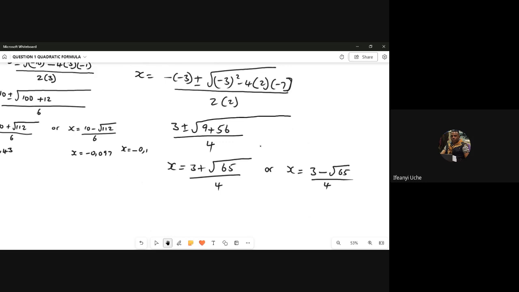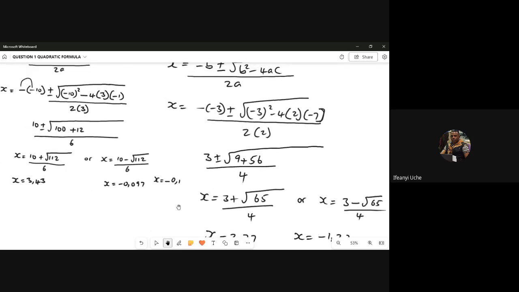Be careful as you do that. 3 plus root 65 divided by 4 then gives you, if at times they say leave your answer in short form, a learner should always follow instructions, 2,77, and the one for negative will give us x equals negative 1,27. Then in this case, you can see these two questions have the same features.